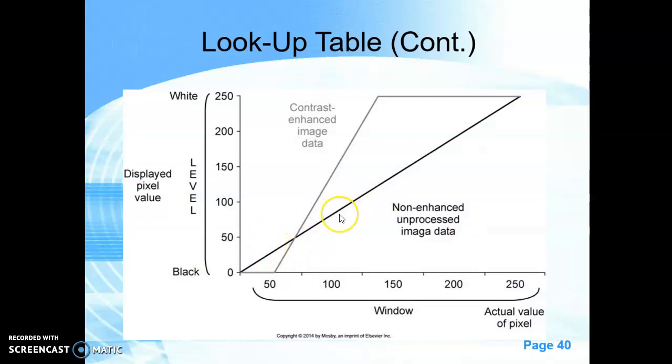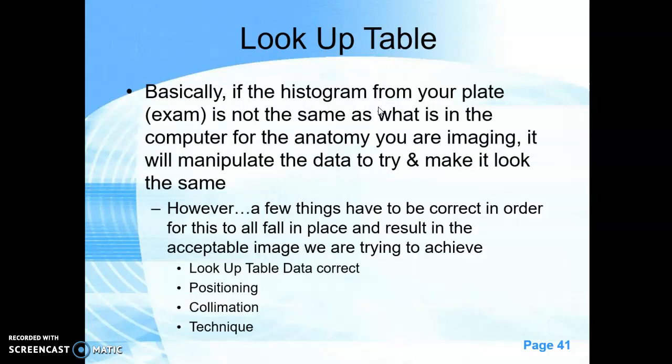So here is just kind of an explanation of that. This picture comes out of your textbook. We can change the window level by moving this line up or down. That will change the brightness. We can change the window width by adjusting these numbers, and a non-enhanced, unprocessed image can be changed, and you can see that in gray here, which changes the contrast of our image.